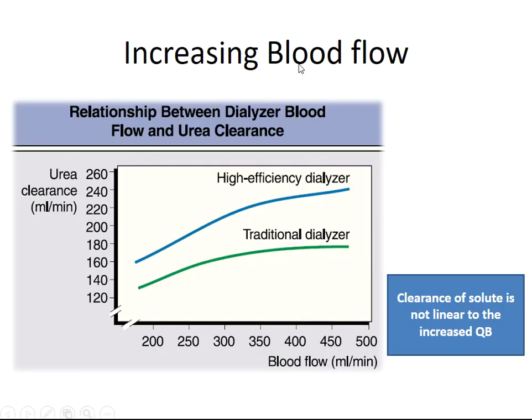Regarding the relationship between dialyzer and blood flow in urea clearance while using high-efficiency dialyzers, increasing the blood flow improves urea clearance up to a limit.